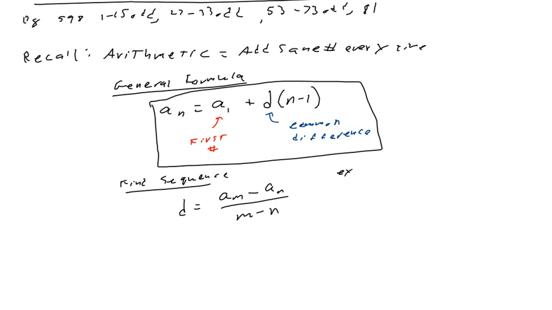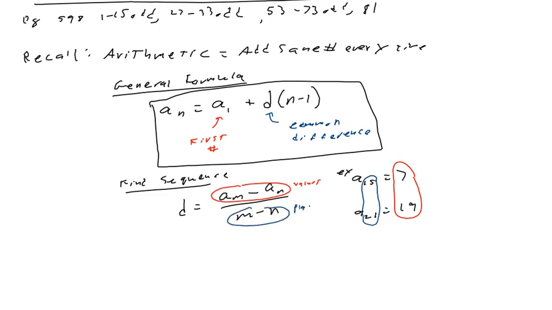So for example, if you know A15 is 7 and A21 is 19, the top numbers are the values, the terms. And the bottom numbers are the place number, the place value.